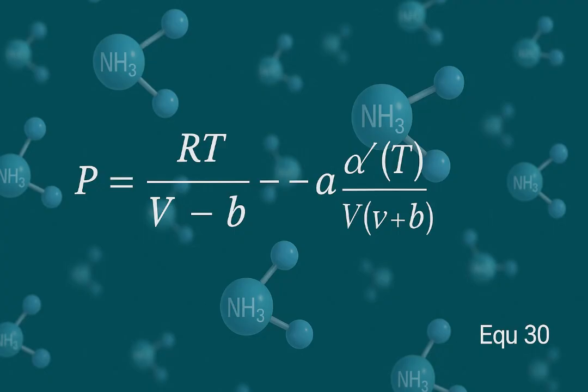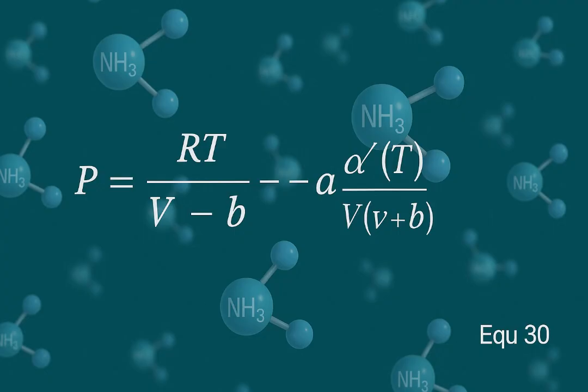3. Critical point and phase diagrams. The SRK equation helps in predicting the critical point of a gas and understanding how it behaves as it approaches the liquid-gas transition phase. The temperature dependence in the equation makes it ideal for modeling phase diagrams, including the supercritical fluid phase. 4.